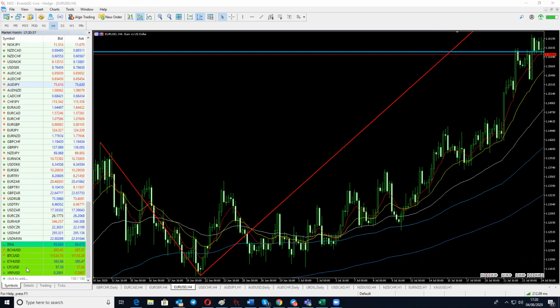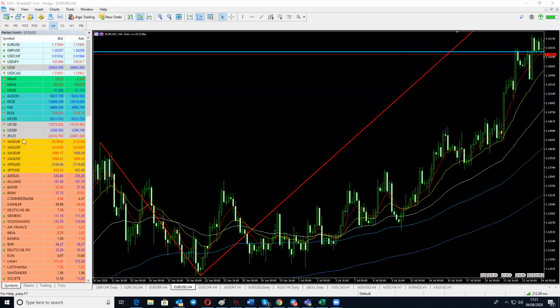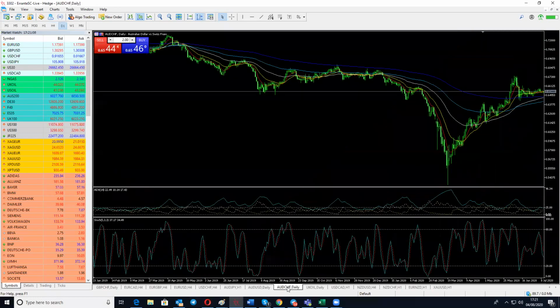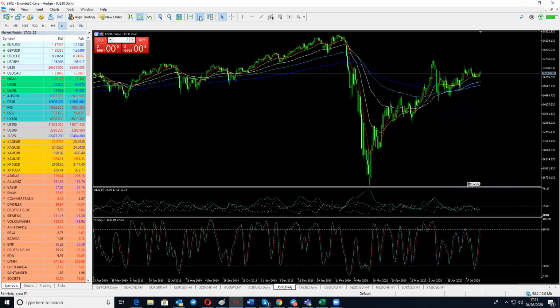US 30. Oh, wait. Let me just check. There you go. Have you got a preferred short-term, long-term time frame, Mr. Pavan? US 30 on the daily. I usually start on the daily first, just to get an idea of the trend.